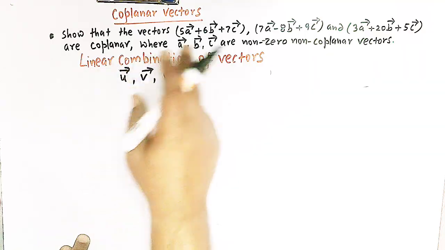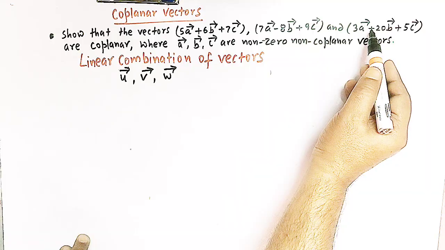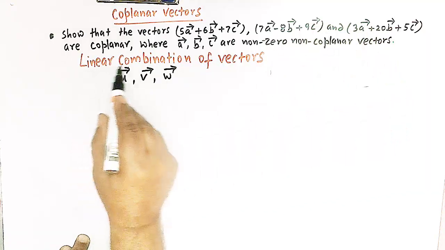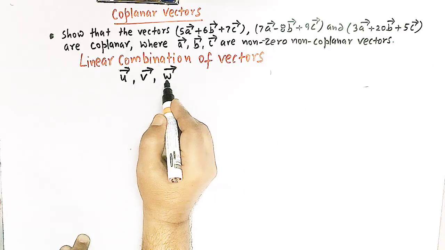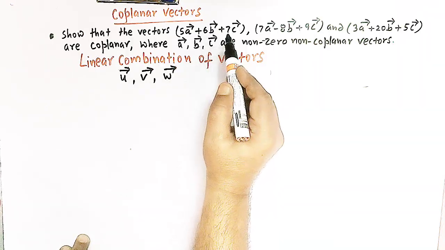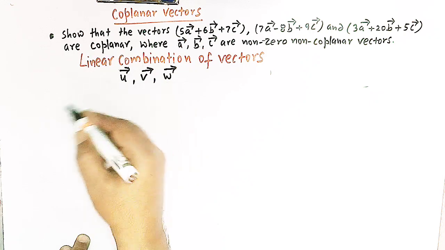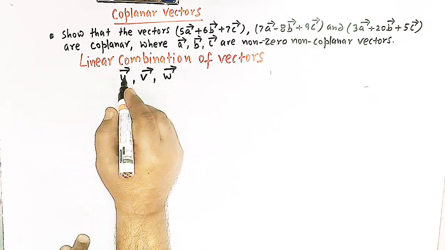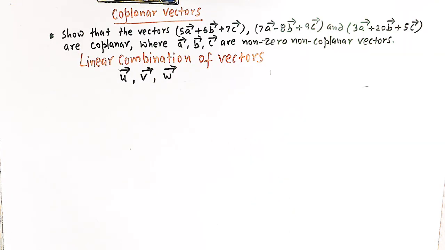But here we'll prove the coplanarity of these three vectors with the help of linear combination of vectors. Suppose u, v and w represent these three vectors, right? And these three vectors are said to be coplanar vectors if any one of them can be expressed as a linear combination of the other two vectors.